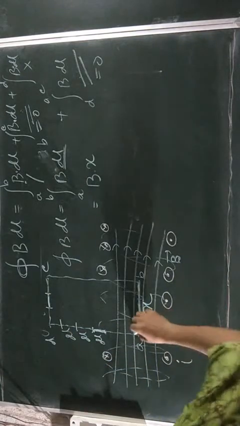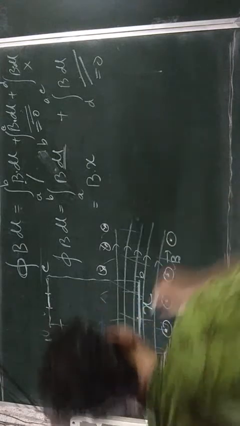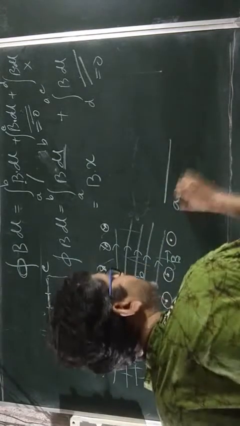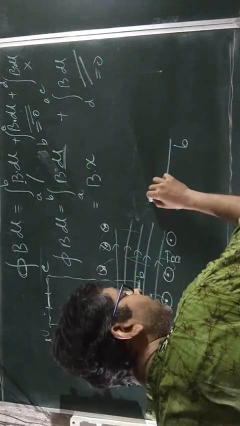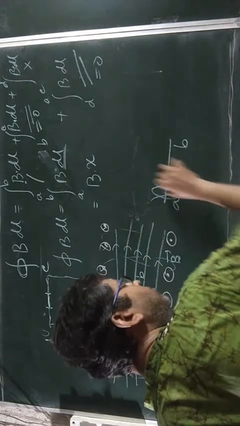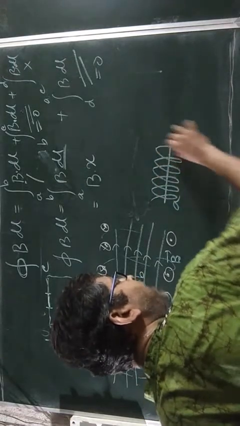Now here, suppose this is the part AB, and the turns are present in this manner.